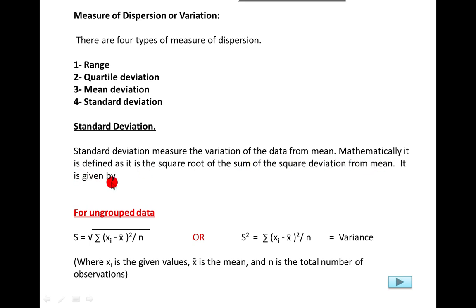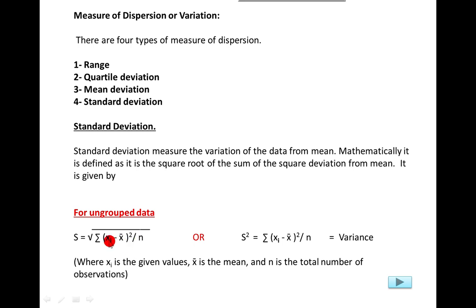It is given by, there are two formulas. Both are same, but for ungrouped data, standard deviation represented by S is equal to under root xi minus x bar whole square divided by n. Same as the mean, you know that in mean of the ungrouped data, xi represents the given value, x bar is the mean, n is the number of observations.